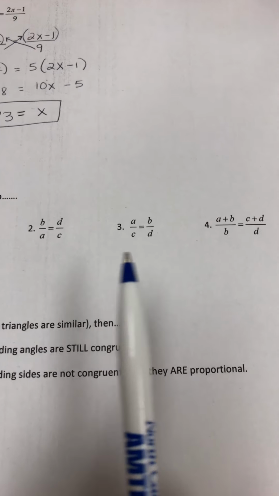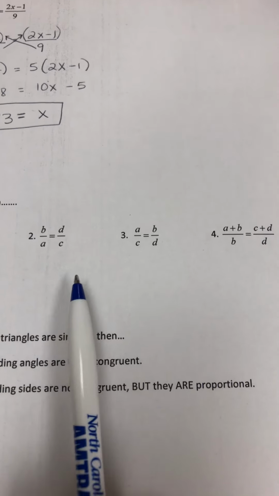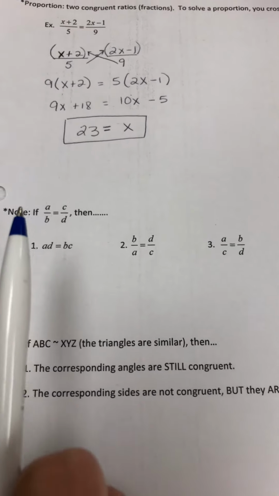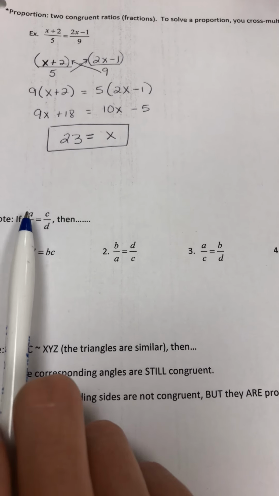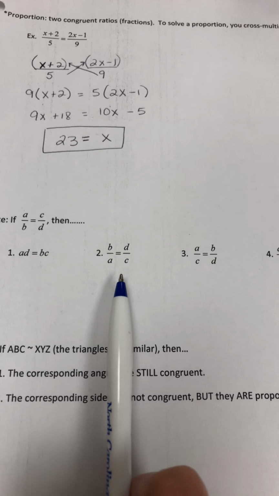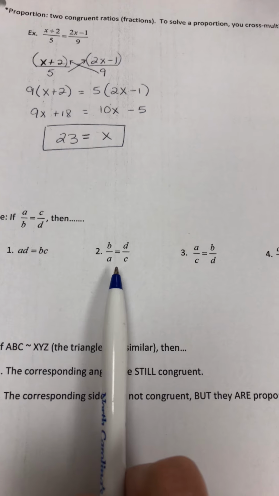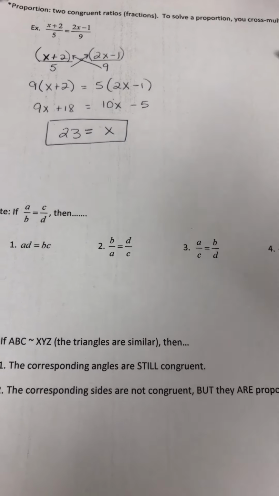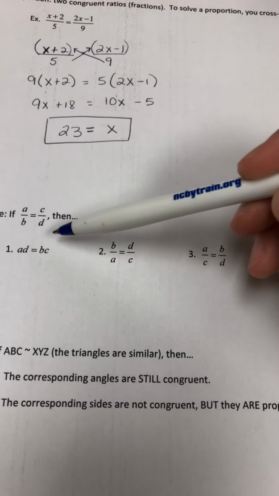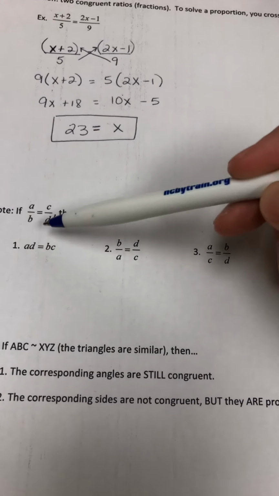But there are 3 other properties that go with proportions that I want you to look at real quick. The key to doing these properties is to be consistent. So when I look at my original proportion, if A over B equals C over D, the second property says that you can take the reciprocal of both fractions and it is still a true proportion. Meaning if I flip this around, I can put B over A right here, and I can put D over C, and that is the same true proportion as the original.